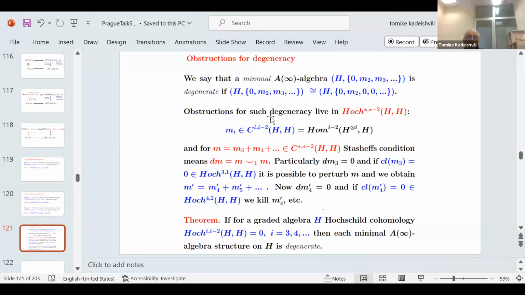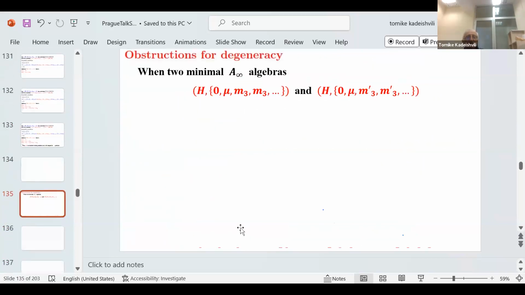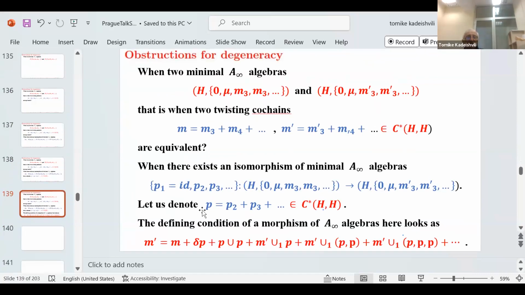There is a special obstruction theory, and the obstructions are in Hochschild homologies, which is an absolutely different part of mathematics. And at first view, it has nothing to do with topology, Hochschild homology, Hochschild cohomology. But there is an obstruction for degeneracy, and the obstructions lie in Hochschild cohomologies. And then the next is the whole theory of Hochschild cohomologies, but I want to leave it.